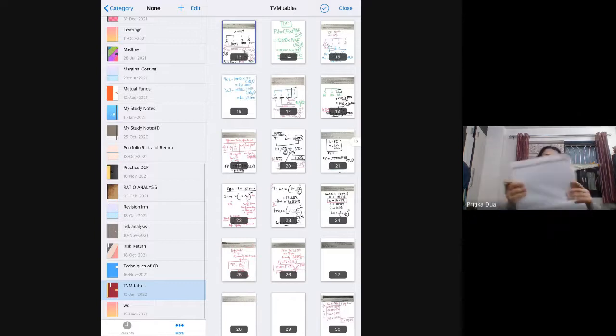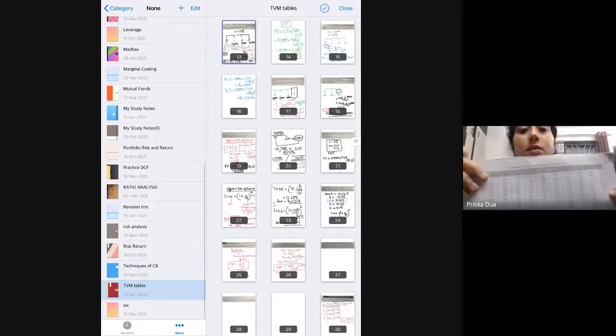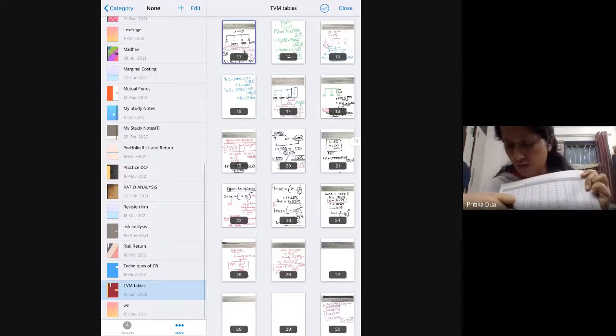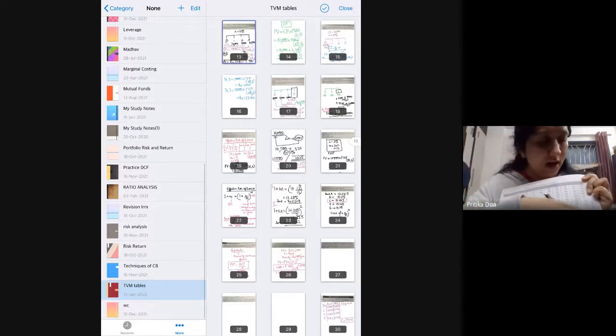Yes, so this is the table I am talking about. You are having this handy with you. So corresponding to 8 under 10%, I am closer to 13.59 value.